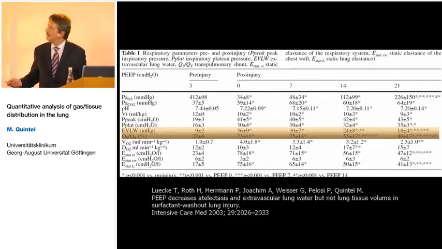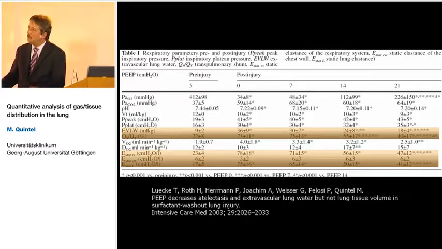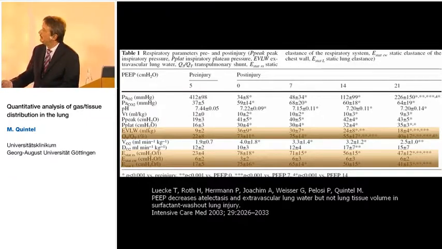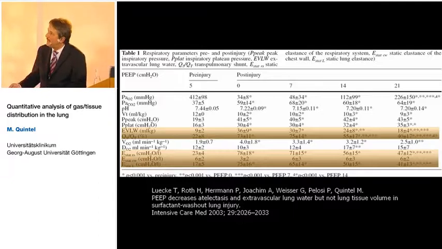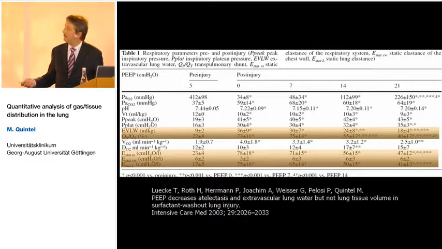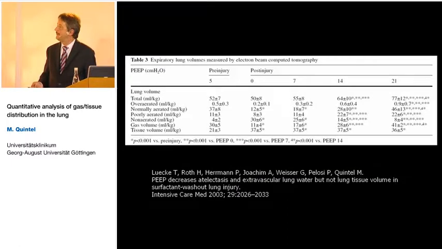If you look at the changes in elastance, there was a change in elastance of the total respiratory system, however, there was a stable elastance of the chest wall, and the changes were related to changes in lung elastance.